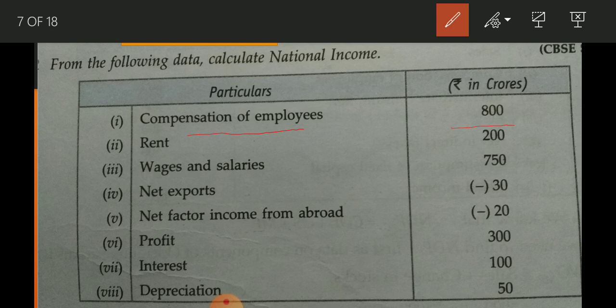So in the first step you have to calculate NDPFC, and for NDPFC you have to add COE plus OS plus MI. Here compensation of employees is already given, so it will be 800. Operating surplus you have to find out.